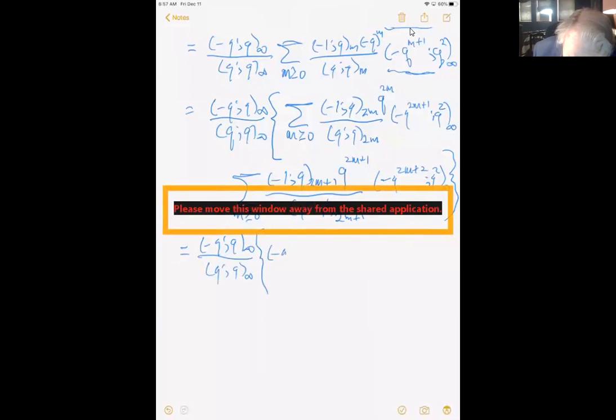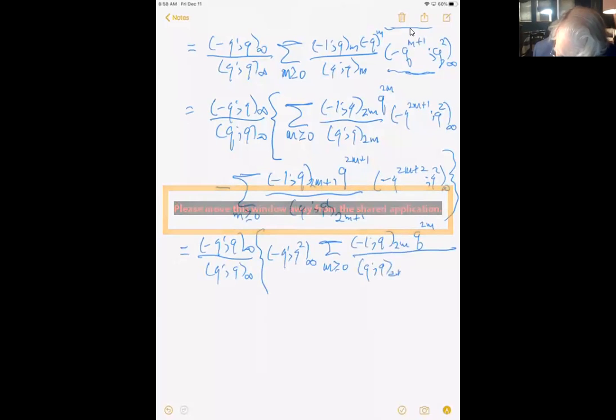Here, the minus q squared comes out front. Summation m greater than or equal to 0, minus 1 semicolon q sub 2m, q to the 2m, q sub 2m, and this will be minus q squared sub m.